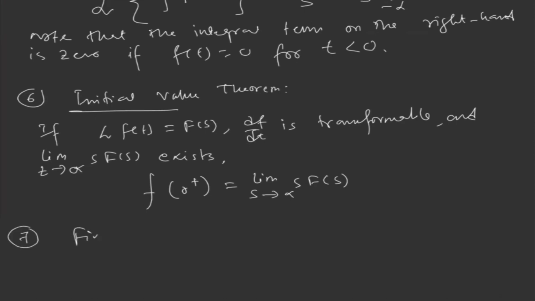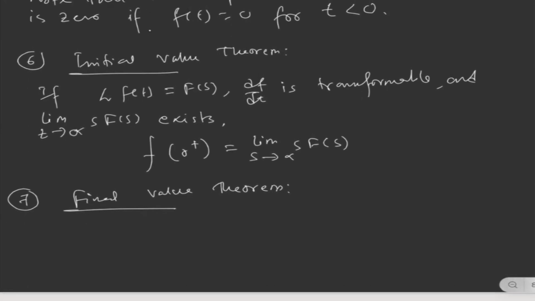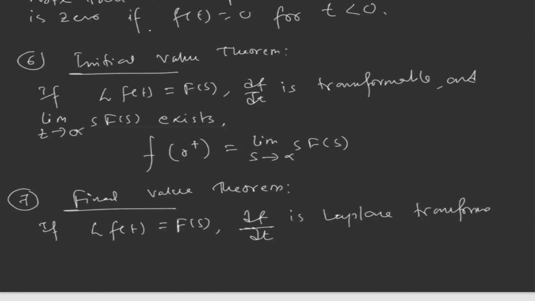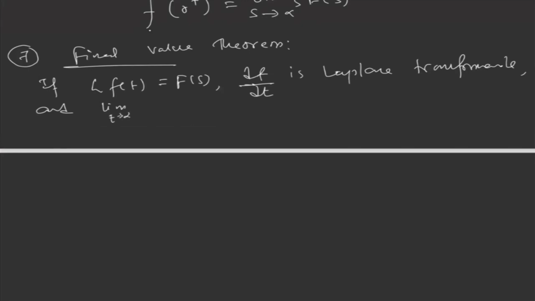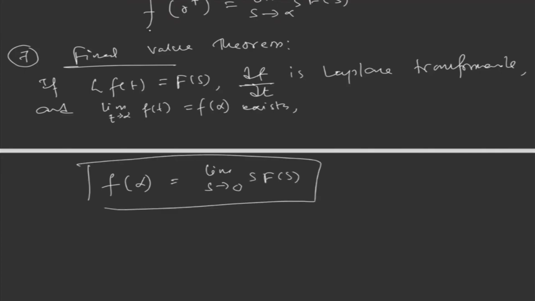And seventh, the final value theorem. If f(t) and df/dt are Laplace transformable, and the limit as t tends to infinity of f(t), equal to f(infinity), exists, then we can write f(infinity) equals the limit as s tends to 0 of sF(s). We'll use this for the steady state behavior of the system, to find the error once the system settles.